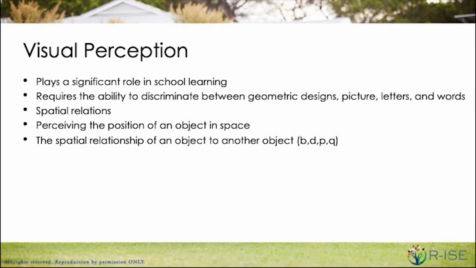Visual perception plays a significant role in our school learning. It requires the ability to discriminate between geometric designs, pictures, letters, and words. Spatial relationships: perceiving the position of an object in space and the spatial relationship of an object to another object.